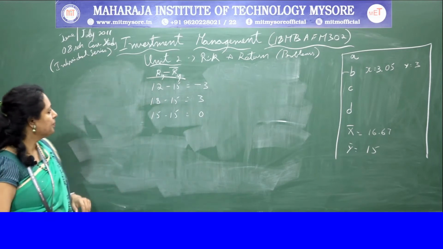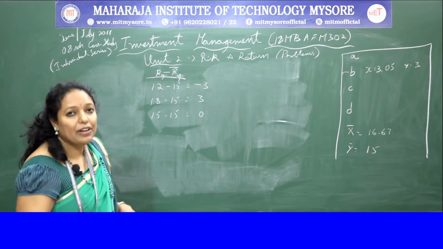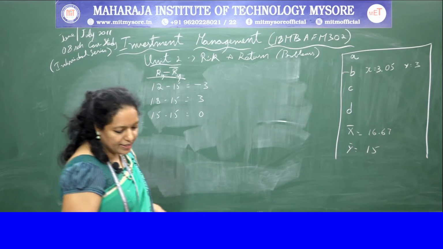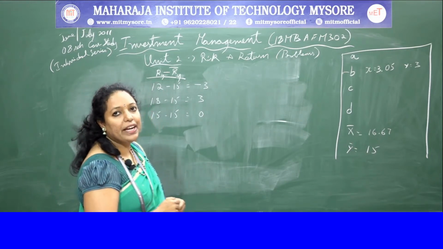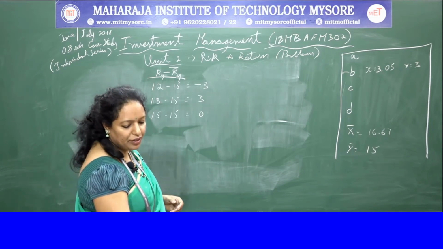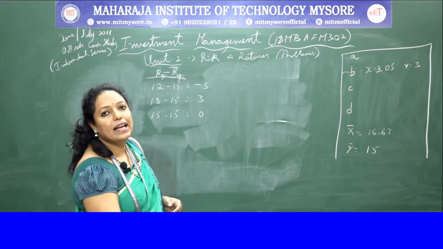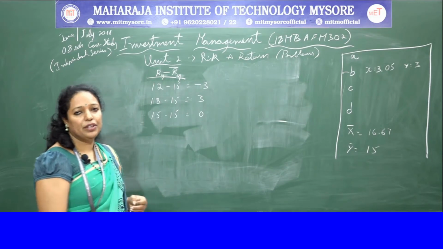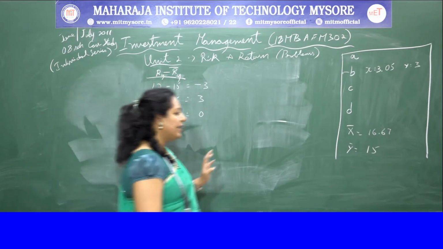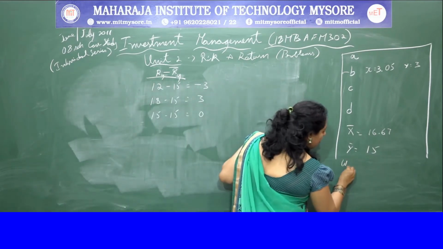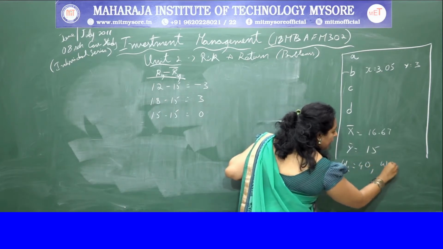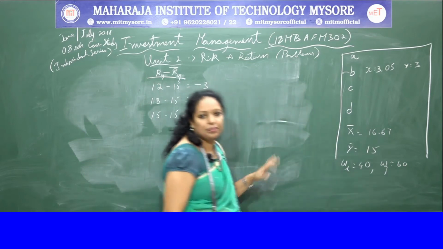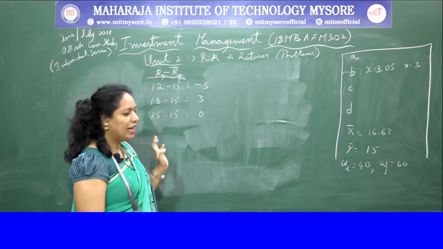So the first question they have asked us: what is the expected return on a portfolio made up of 40% of x and 60% of y? So we know the weightage, we'll write it also. Weight of x is 40% and weight of y is 60%.